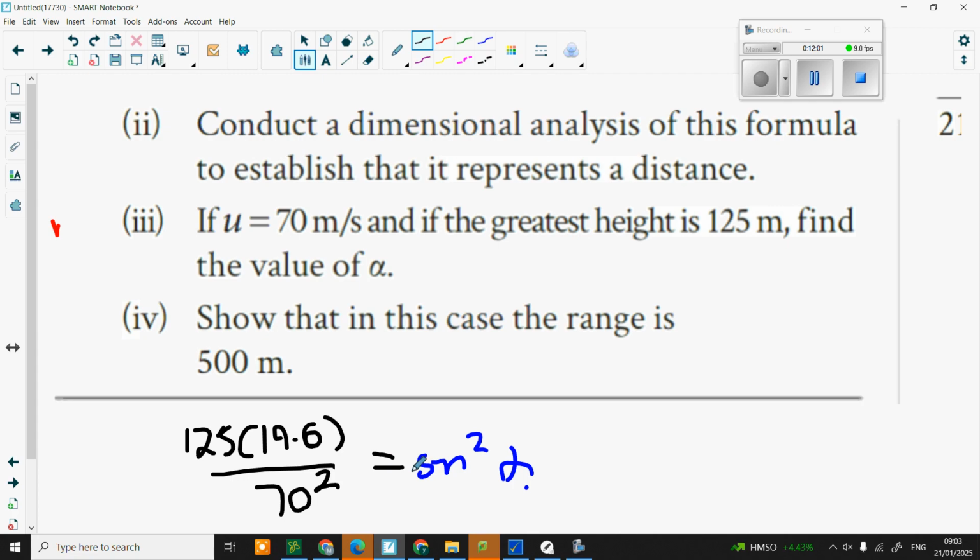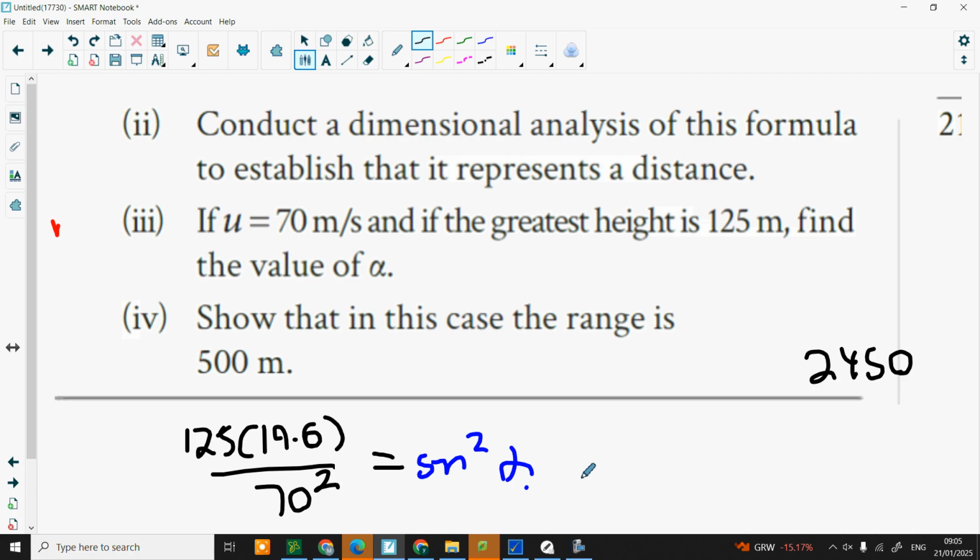Yeah. 2,450? Oh, no. So, what do you get when you divide by the 70 squared? A half. All right, that's a bit nicer, right?